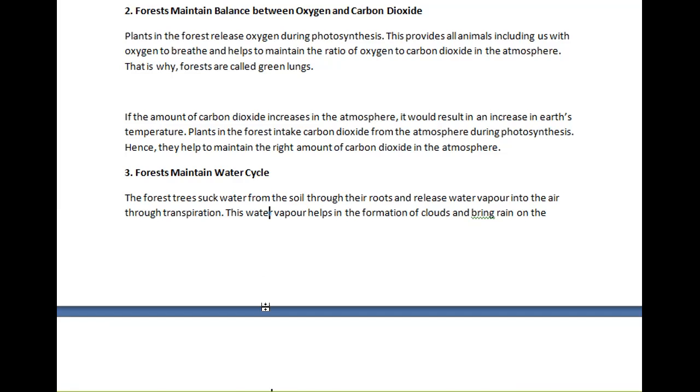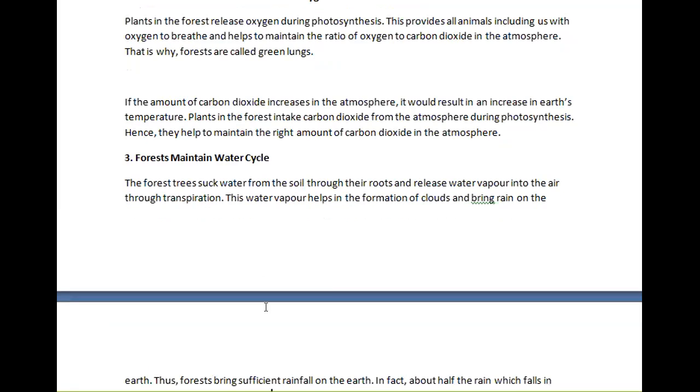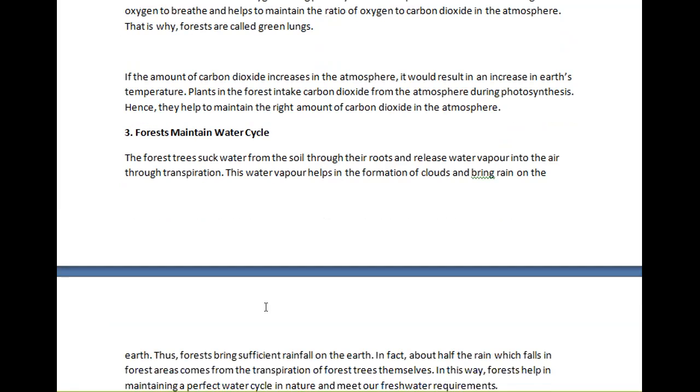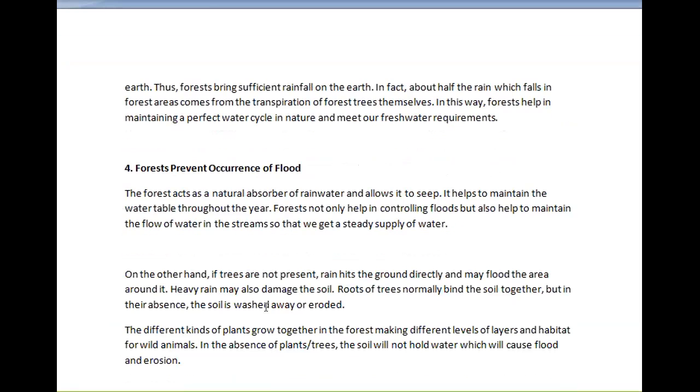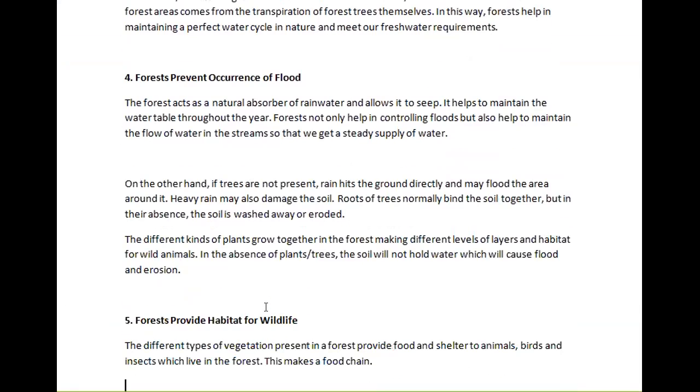We all know, due to evaporation from the leaves of plants, water evaporates into the atmosphere, clouds form, and then we get rain. So forests are the main source of rainfall. They also prevent the occurrence of floods. See, when a tree is bonded to the soil through its roots, it stabilizes the soil.